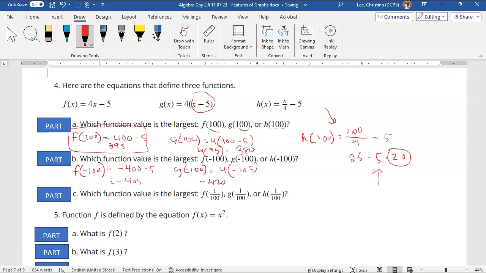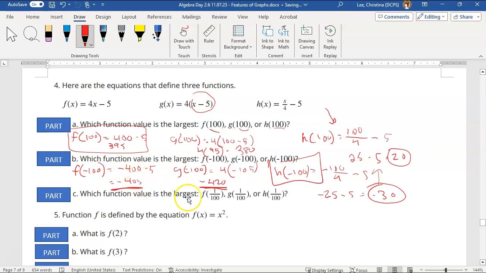And then this one over here will give us h of negative 100 equals negative 100 over 4 minus 5, which is negative 25 minus 5, which is negative 30, which as predicted, this is the largest now because these are very, very negative numbers that we're looking at here. Okay, and so in this case, h of negative 100 is going to give us the largest value.